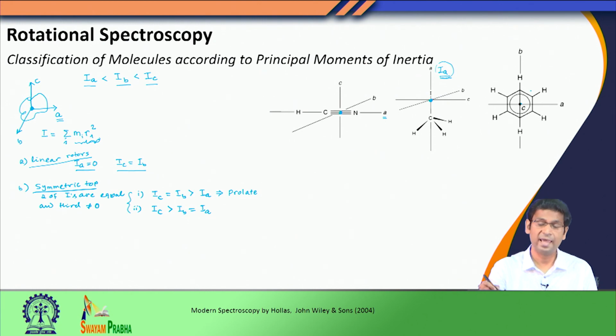When we consider A and B axis and try to rotate the molecule around the A axis or B axis, we would see that around the B axis, these carbons and these hydrogens would not contribute, because they are on the axis.